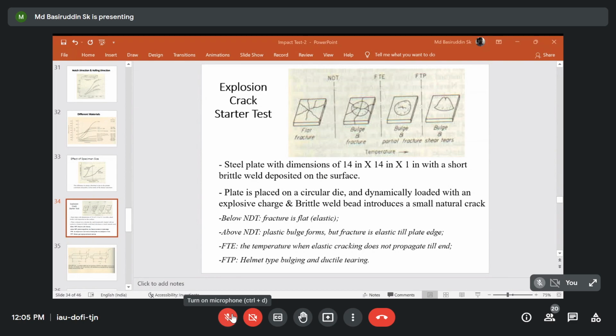Once the temperature is equilibrated, we suddenly catch the samples using the tongs, put them over the anvil, and quickly do the test, within 5 seconds, to get the impact energy values.